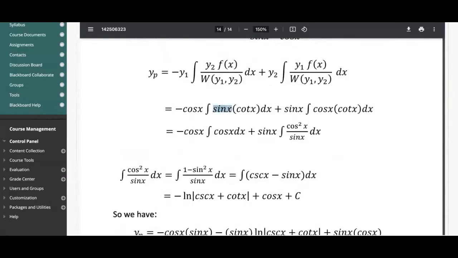So y2 is sine x, f of x, cotangent x. Then Wronski just 1. So integrate this term. And the second term is y1 f of x. y1 is cosine x times cotangent x. Wronski again is 1. So I have this dx.